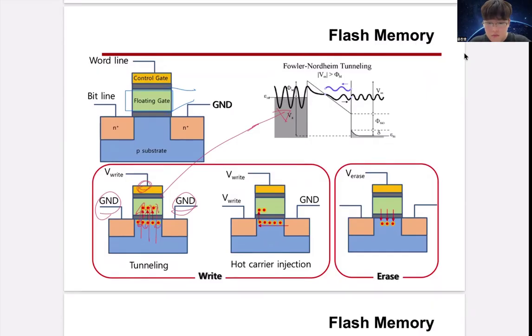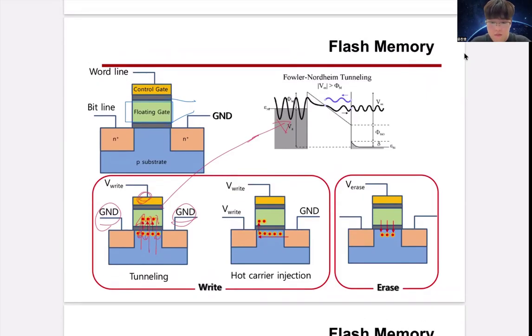If we apply the gate bias, this diagram shows the normal situation like this. But if we raise the gate bias highly, the slope will be like this.